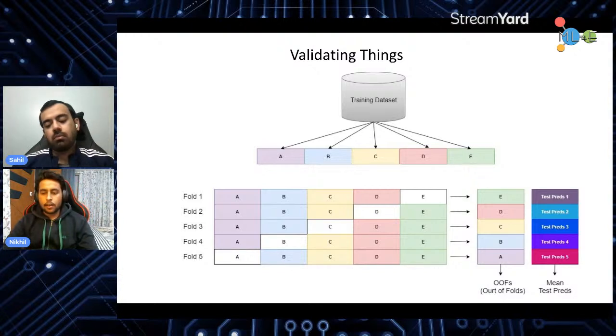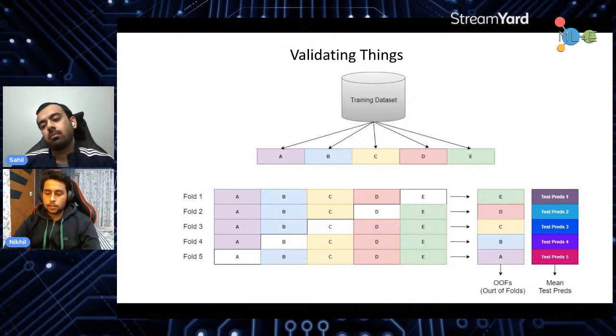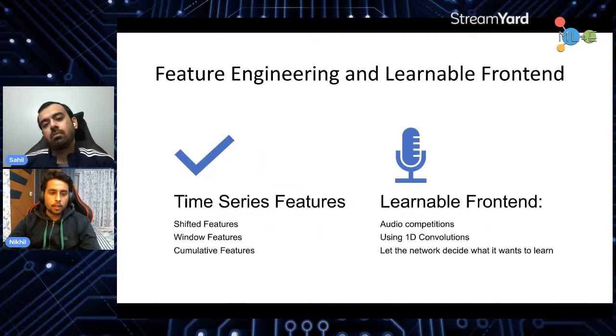If you see the rightmost column, I have test preds one, test preds two, test preds three, test preds four, and test preds five. These are basically the predictions on your test data for five different models. Here it's written mean test predictions, but the metric for the model was mean absolute error. So for mean absolute error, it will be better if you take the median of the predictions instead of the mean. Okay, Sahil, can you move on to the next slide?